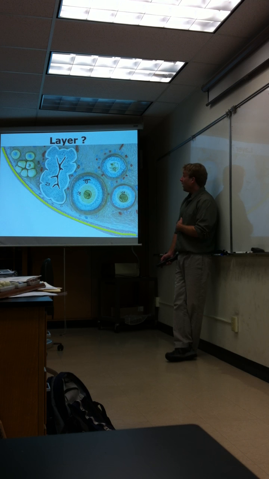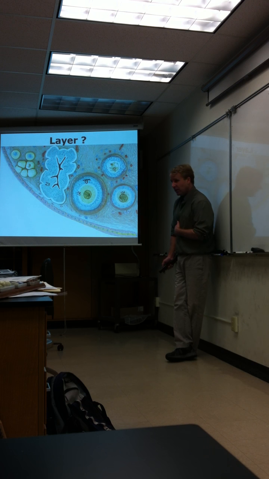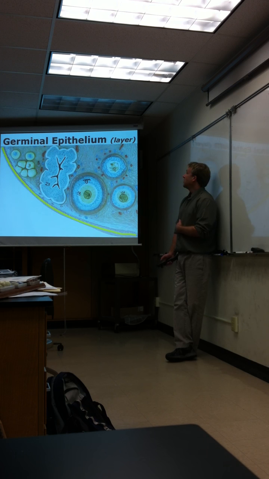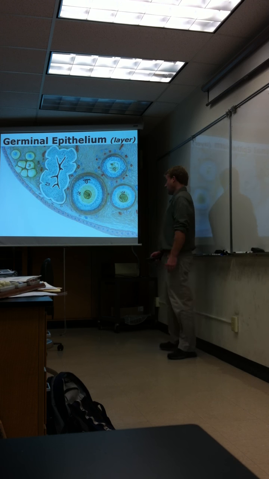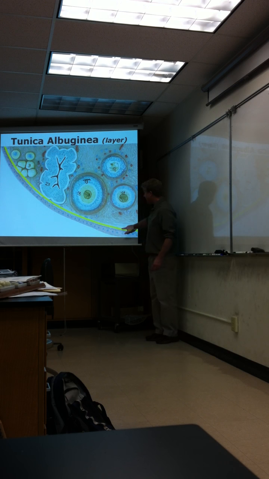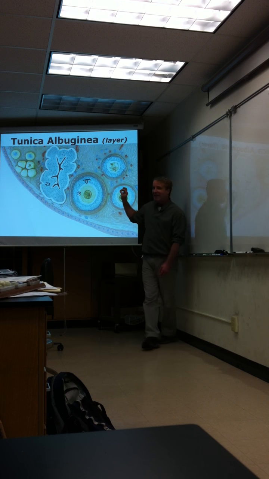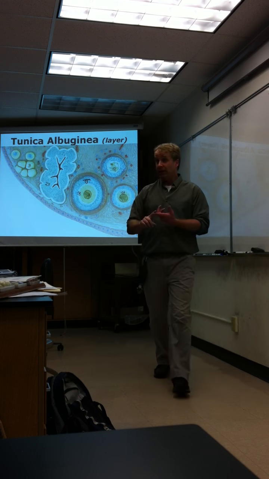One thing we'll also see in the microscope is the outer layer of the ovary, which is called the germinal epithelium. One new thing in the histology that wasn't in the main anatomy is the layer just deep to that germinal epithelium, the tunica albuginea of the ovary.